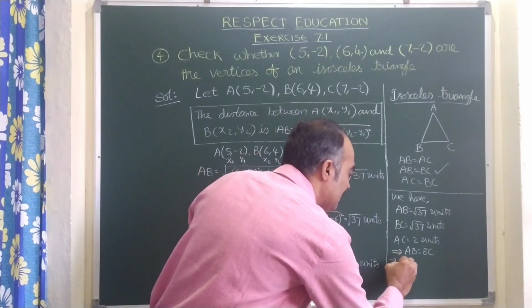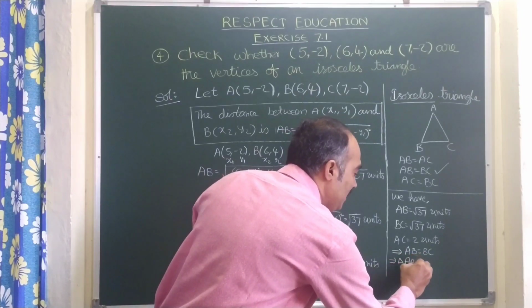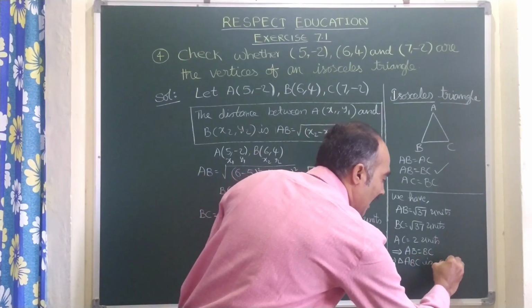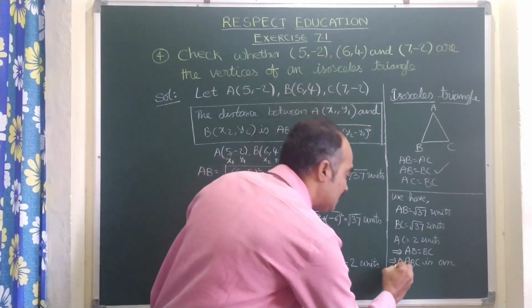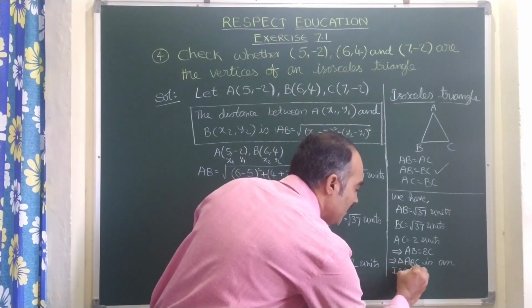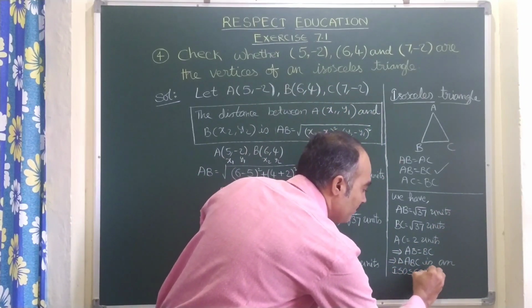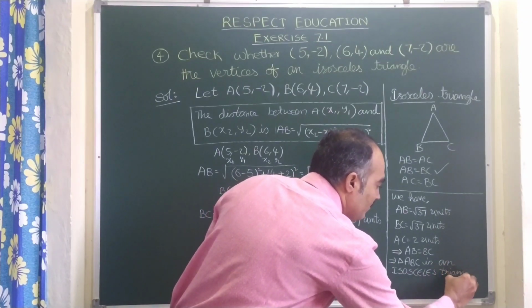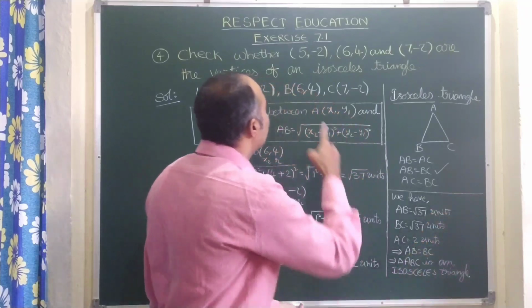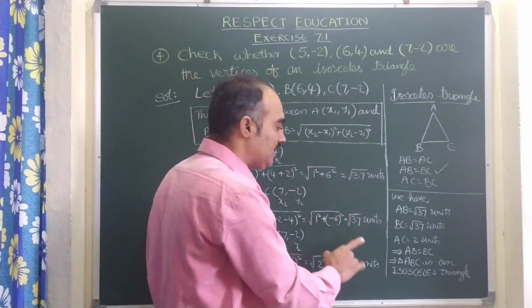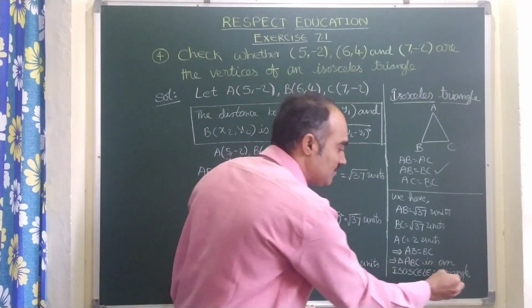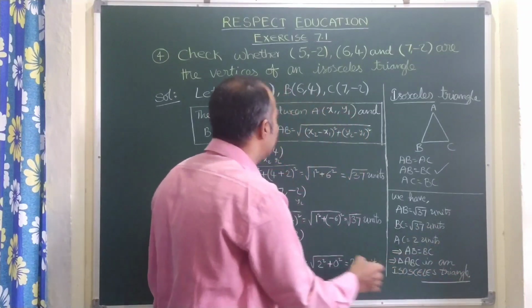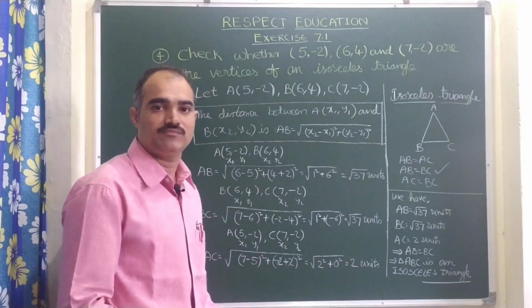That is the reason triangle ABC is an isosceles triangle. So for this question we have checked, we got ABC is an isosceles triangle. For this problem, 4th one gets over.